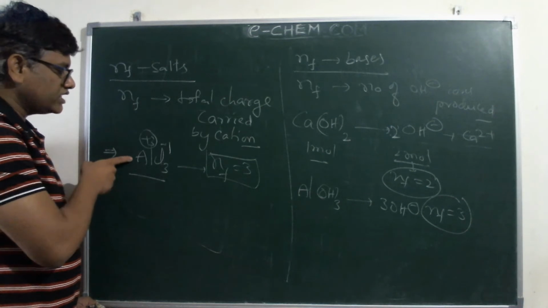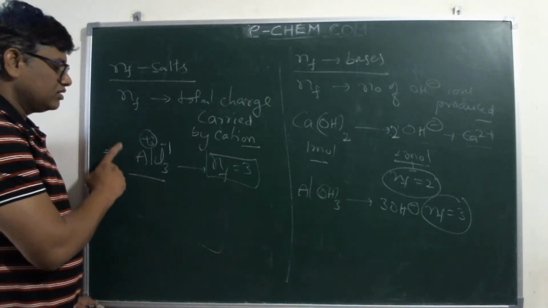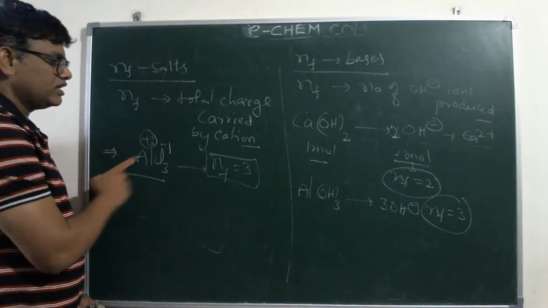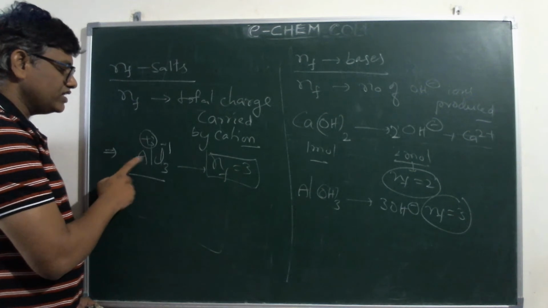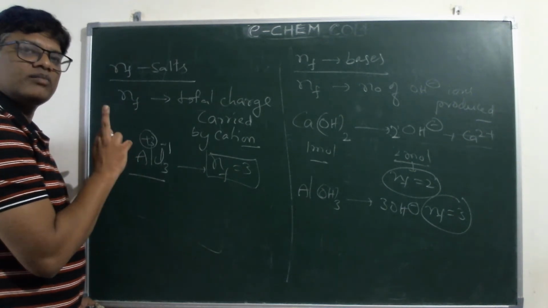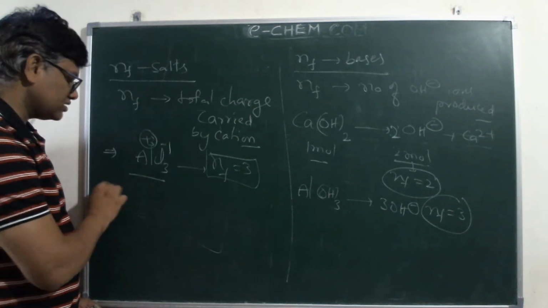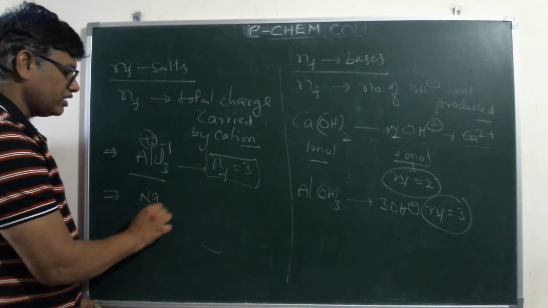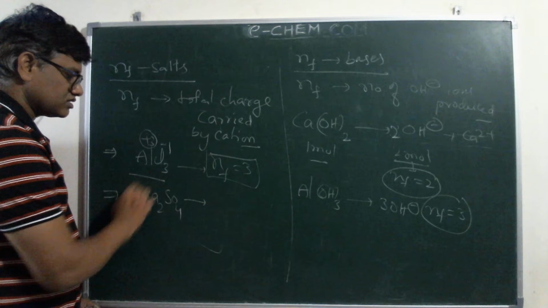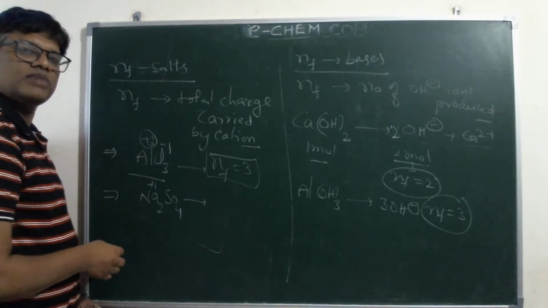So whatever oxidation state we have, for the case of a salt, you have to take the cation, and if more than one species is present in 1 mole of the compound, we have to multiply by that number of species. Let's take that also. For example, I am taking Na2SO4. In sodium sulfate, each sodium carries plus 1 charge.